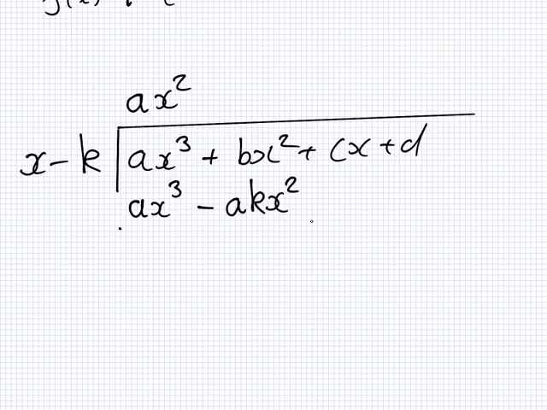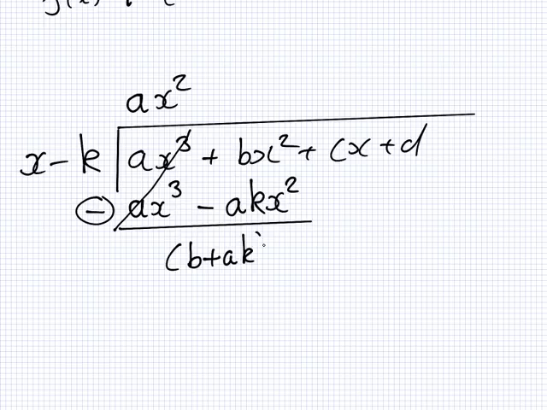So again, that's okay so far. We subtract, these cancel as normally is the case, and here we have to be careful. Minus minus makes plus, and actually we end up with (b plus ak)x squared. So that's okay. It's a little bit bigger, but it's still the same idea as last time.